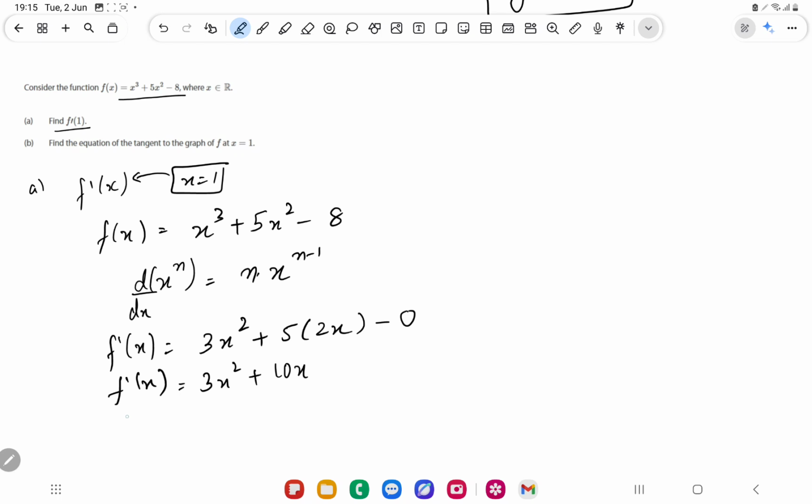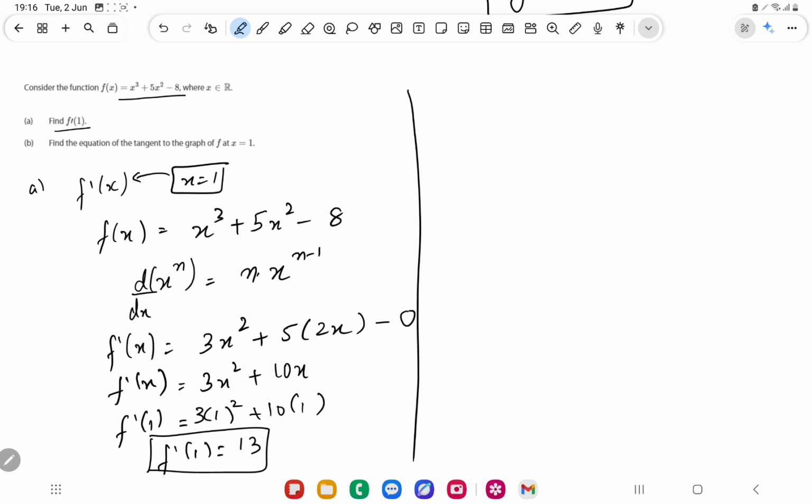But now I want f dash 1, which means I have to replace x with 1 everywhere. So it will be 10 into 1. So my f dash 1 will be 13. So my gradient or slope or value of the derivative at x is equals to 1 is 13.